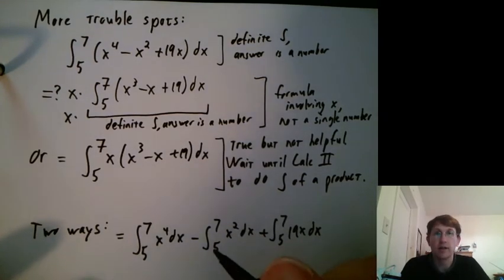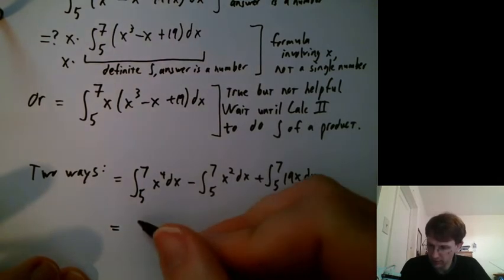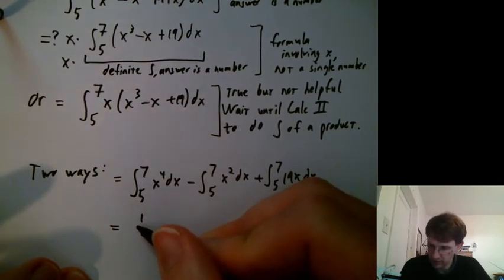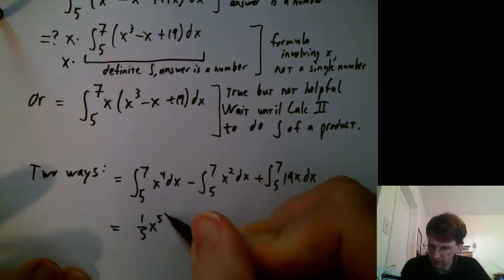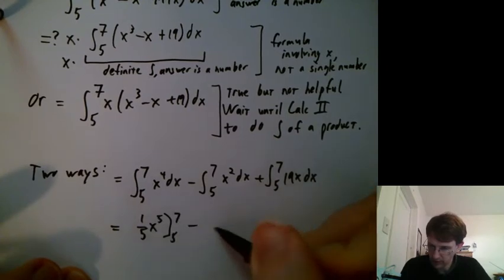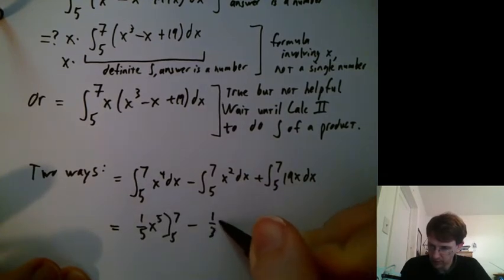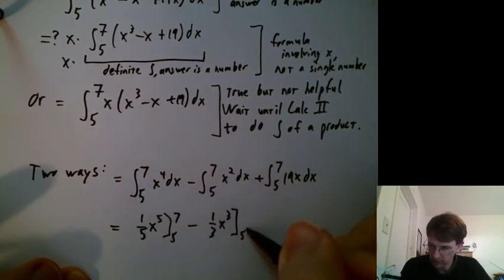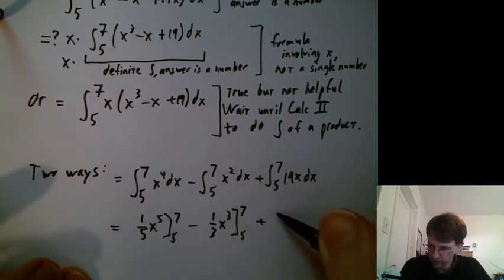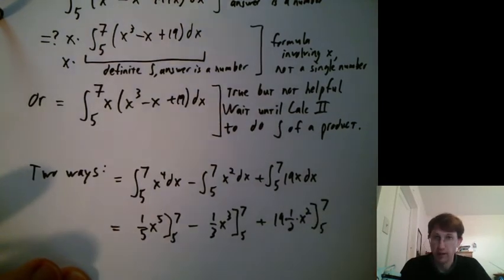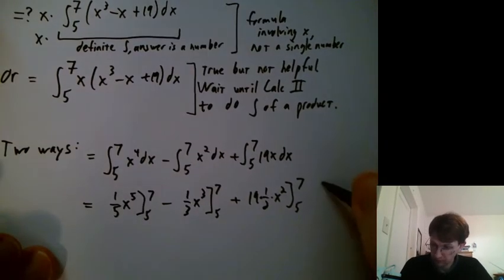And then take the antiderivative of each of those. We could say this is 1/5 x to the 5th from 5 to 7, minus 1/3 x to the 3rd from 5 to 7, plus 19 times 1/2 x squared from 5 to 7, which is true.